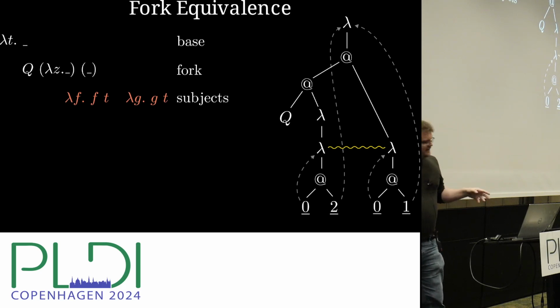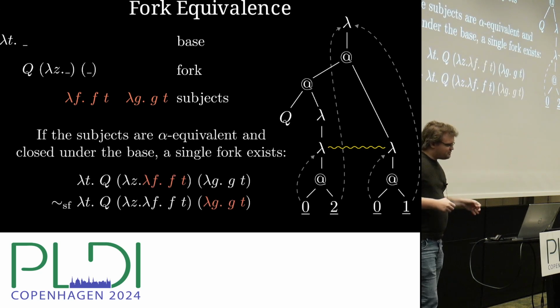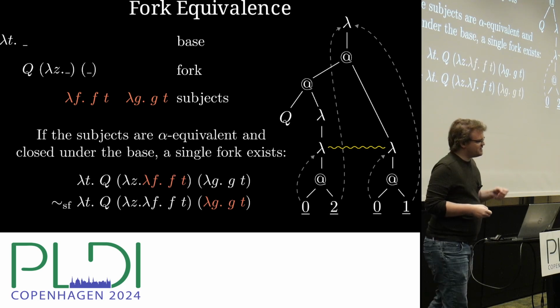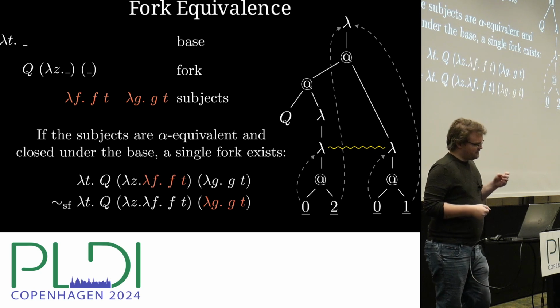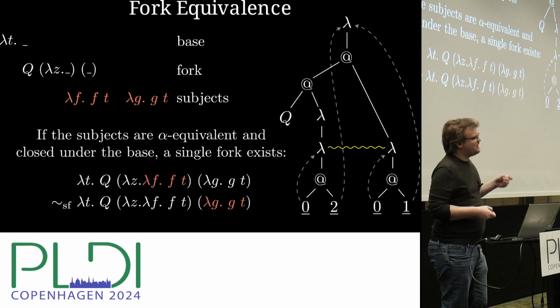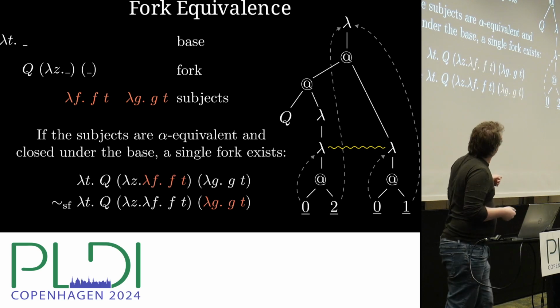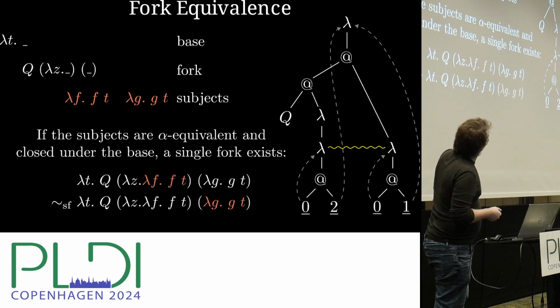And if you do this correctly, and you can show that the subjects are alpha equivalent and closed under the base, then a fork exists. What closed under the base means is that the subjects are not allowed to point to anything in the fork.